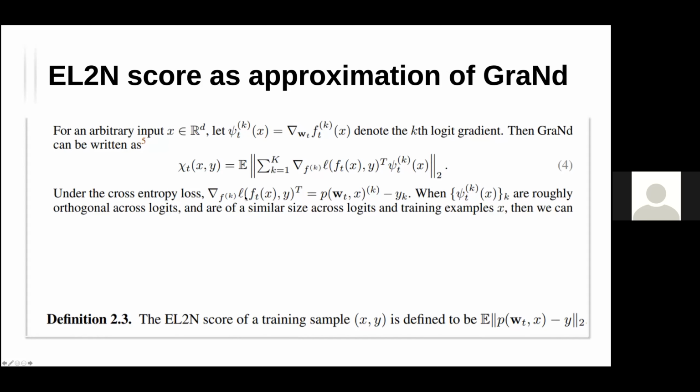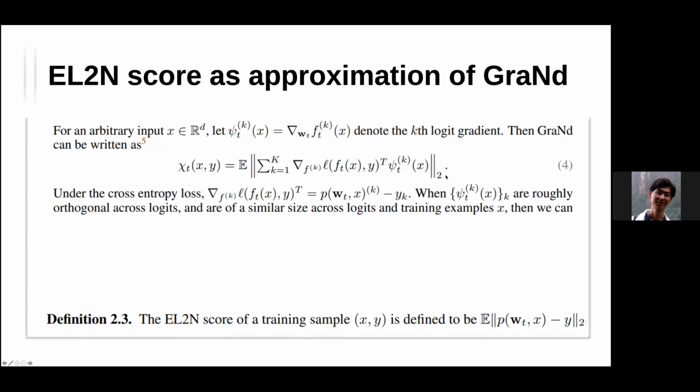Am I right that when you calculate the gradient, it equals this form? So the P here is the prediction, the output of the prediction under the k-th logit, and y_k is the label.